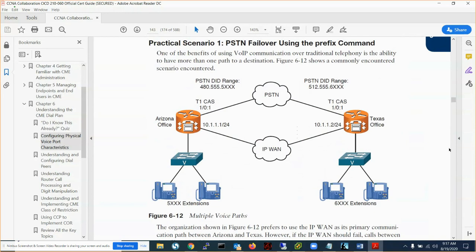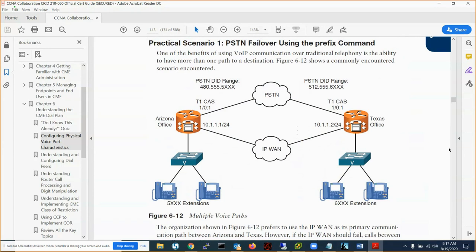So you can see there you have the Arizona office and you have the Texas office. You have two ways to reach phones from one office to the next, right? What do you think is the preferred method to call between offices? The one on the WAN, the IP one, right, because you don't have to pay.